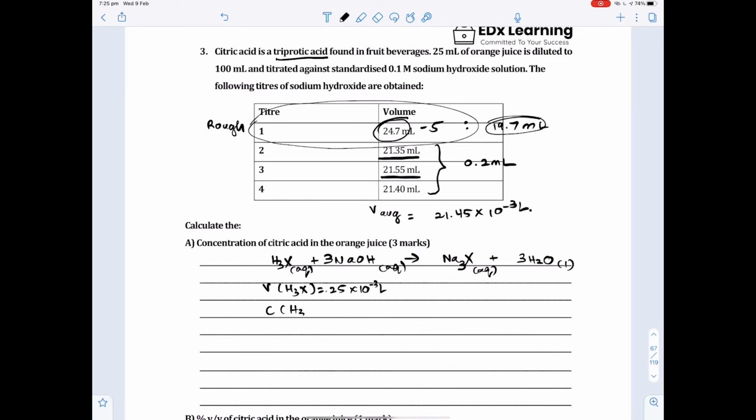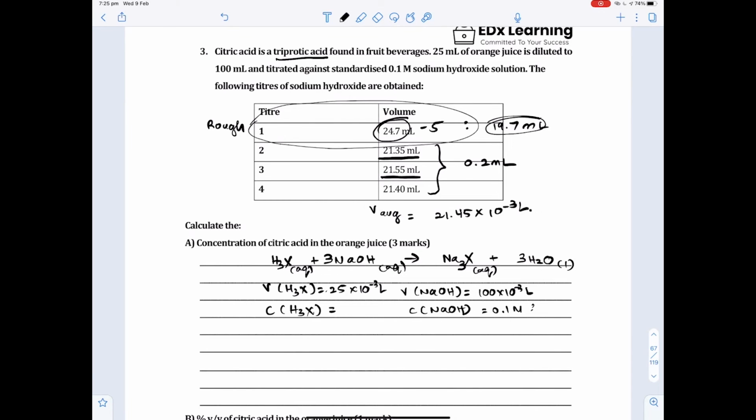Good. And the volume of the sodium hydroxide solution is 100 mL. Okay. And the concentration of the sodium hydroxide solution is 0.1 molar. Okay. What's the next step, Alphys?